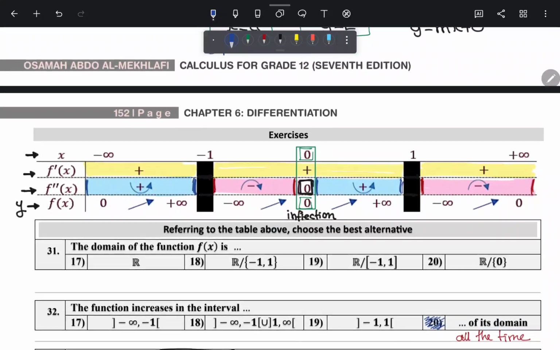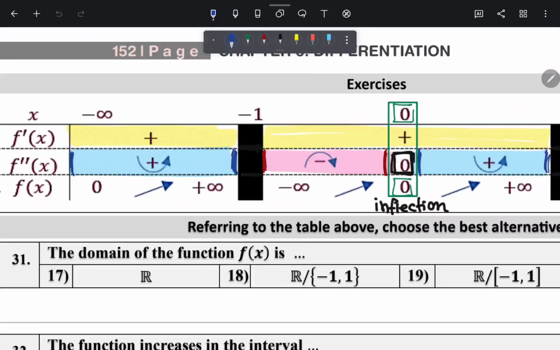Is there a check here? Yes. Look at this gap. At negative 1, I do have a gap. And around this gap, what do I see? Infinity. That's the check. As long as this check is correct, it means that we have a vertical asymptote here, which is x is equal to negative 1.